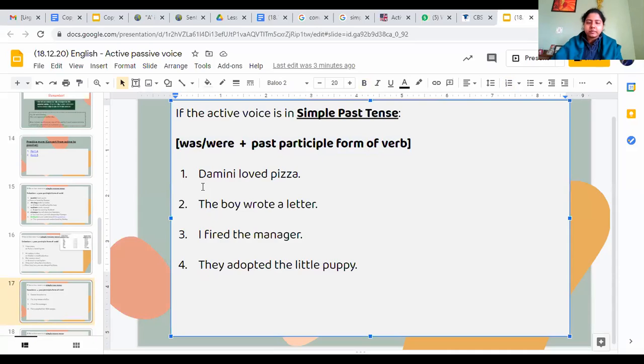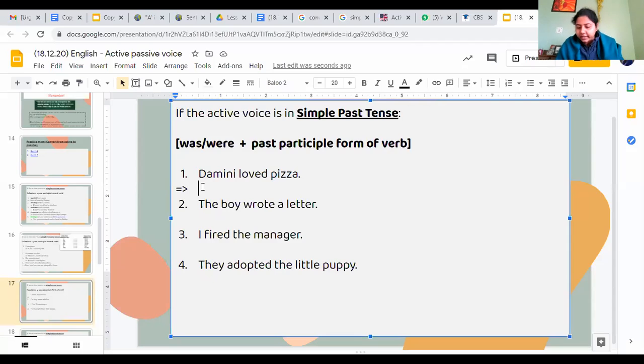Damini loved pizzas. Send in the chat box, Bhumika. Thank you, Aditya, Priyanka, Shubham, Archita, Debbie, Tanali, Lakshmi.